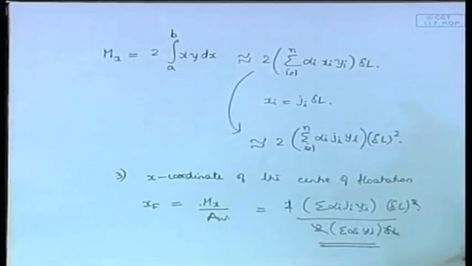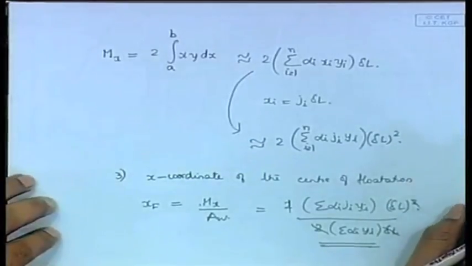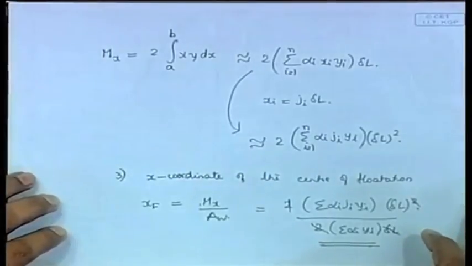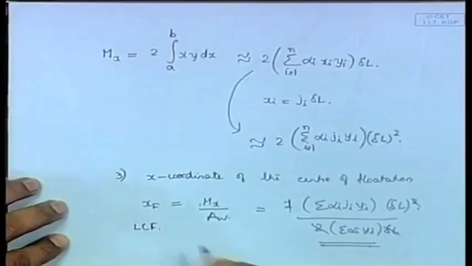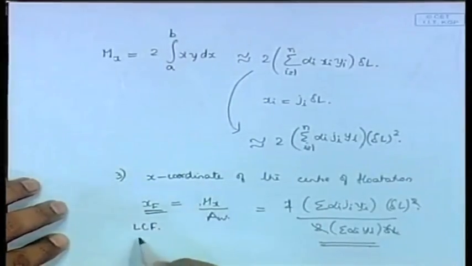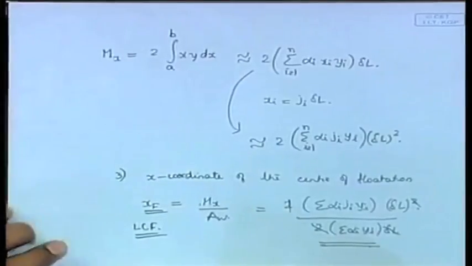Now, we will do examples that will explain it more clearly, but you can see how you create this. Remember this is what you are calling as LCF, longitudinal center of flotation. This x f is what you are calling as LCF.